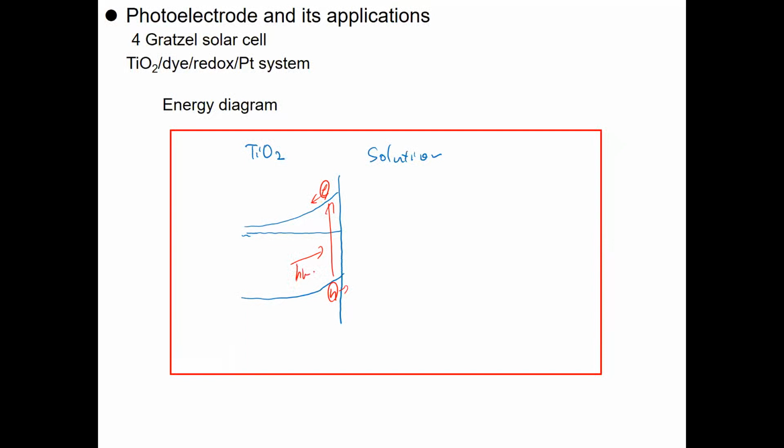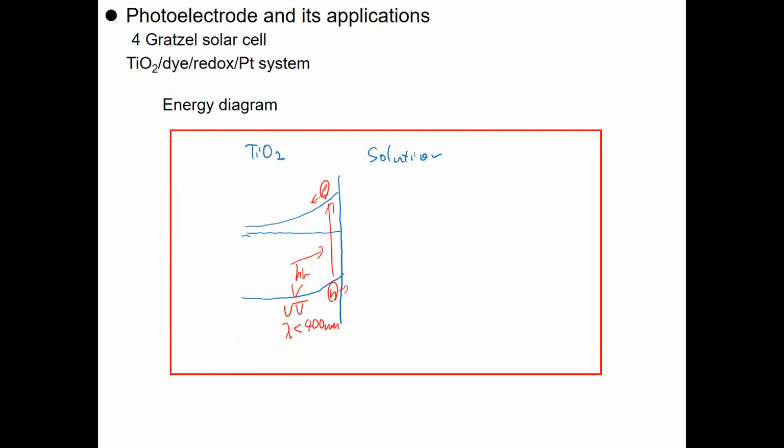However, this one is inefficient because you need higher energy light, like UV light, and lambda must be like 400 nanometers. So UV light is necessary for this application.